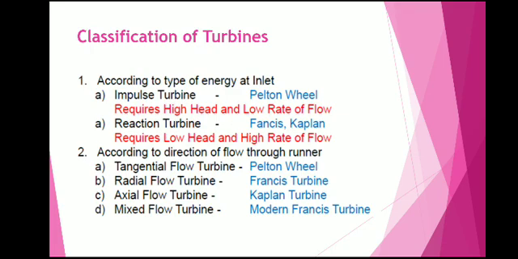So first, tangential flow turbine, radial flow turbine, axial flow turbine, and mixed flow turbine. The example for tangential flow turbine is the Pelton wheel, and Francis turbine is an example for radial flow, and axial flow turbine is the Kaplan turbine, and modern Francis turbine is an example for mixed flow turbine.